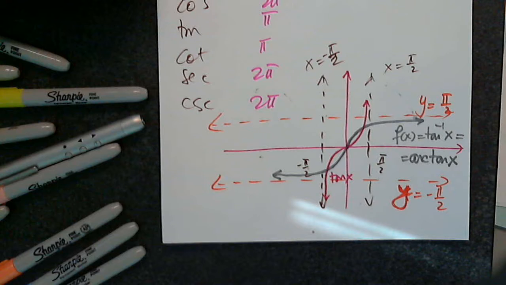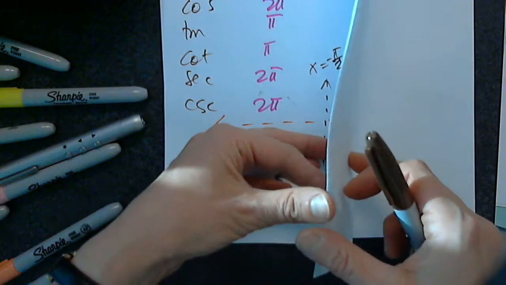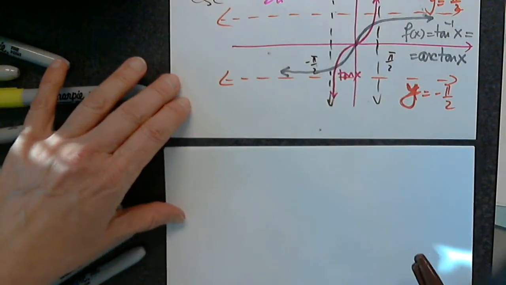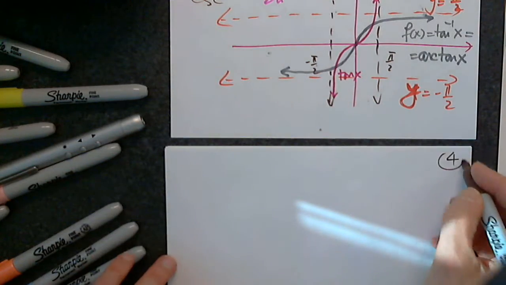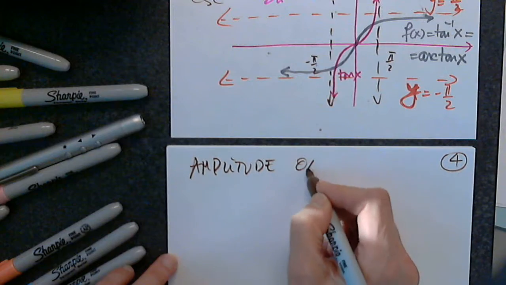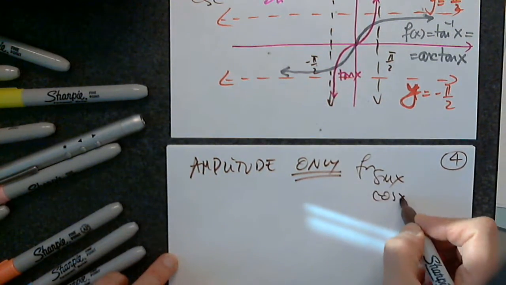There is no amplitude for tangent. There's no such thing as called amplitude for tangent. The amplitude is only for sine and cosine. Let me write this down just to make sure that we don't get confused. Amplitude only for sine and cosine.